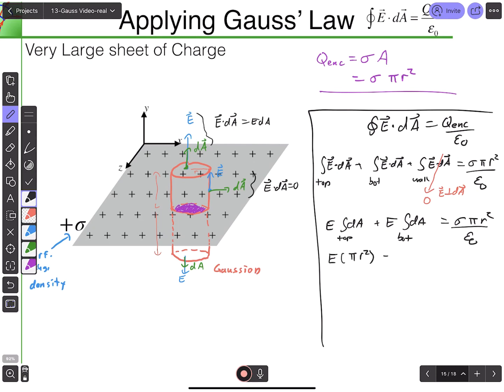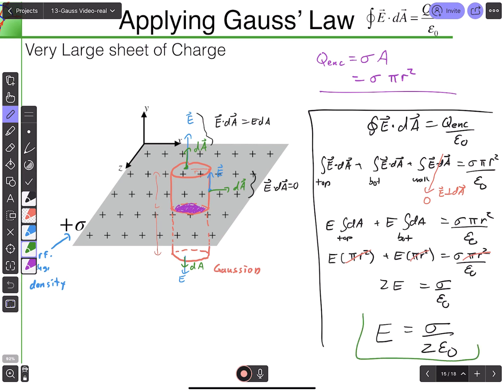That's the area of a circle. Now, look at all those pi r squareds. Let's cancel them on both sides of the equation. So on the left side, we just end up with 2E equals sigma over epsilon naught, or the electric field is equal to sigma over 2 epsilon naught.